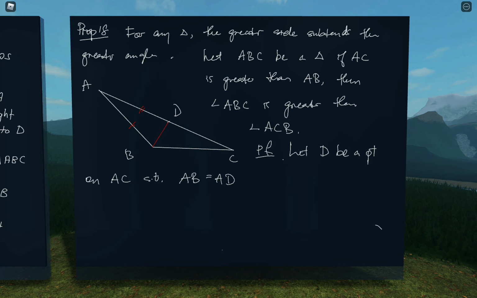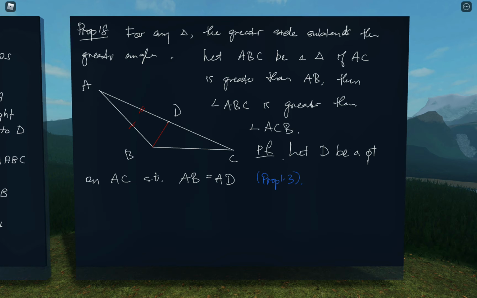So we get an isosceles triangle here that we're going to reason with. By proposition 1.3, you can do this. And we assume that the line segment AC is greater than AB, so the point D will lie on the line AC.